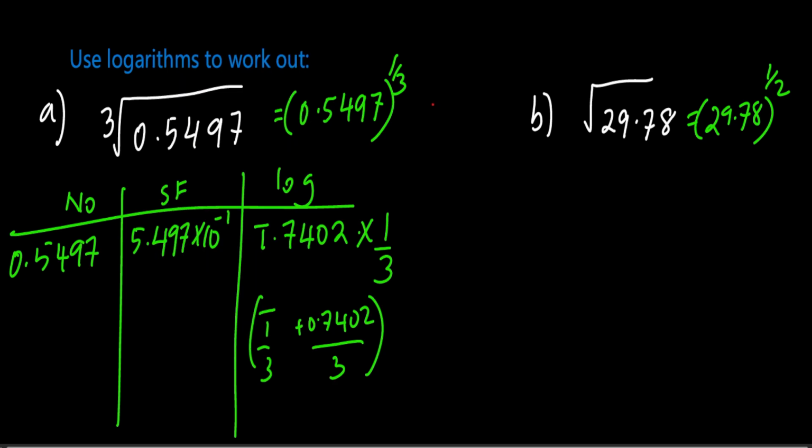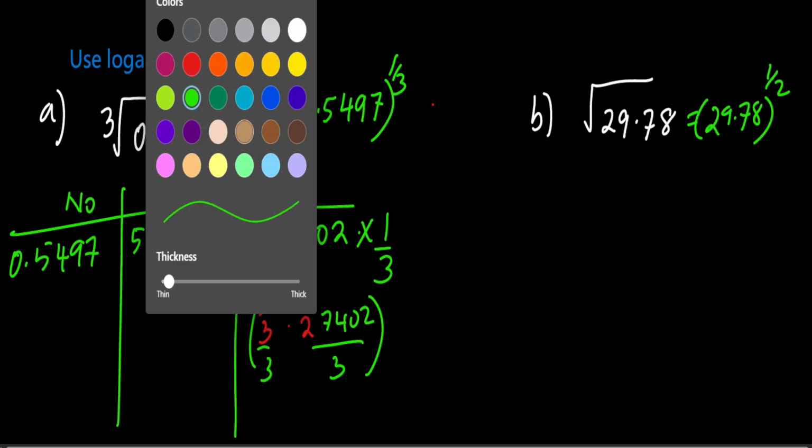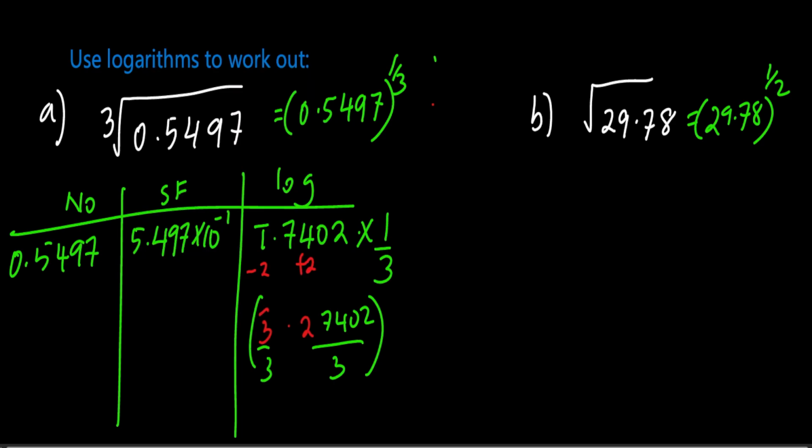Normally we subtract 2 to give you bar 3, and then you add 2 here to give you 2.7402. So here it's going to be 2 point, and here it's going to be bar. Hopefully I'm understood.